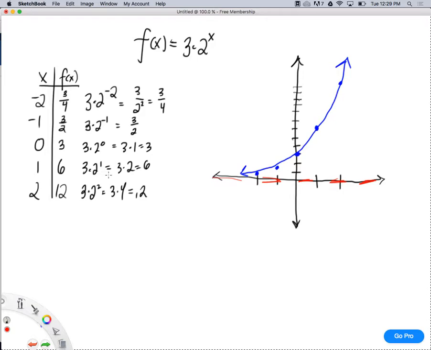Any questions on how I did this? Okay. Now, what about if I had f of x equals 3 times 1/2 to the x?